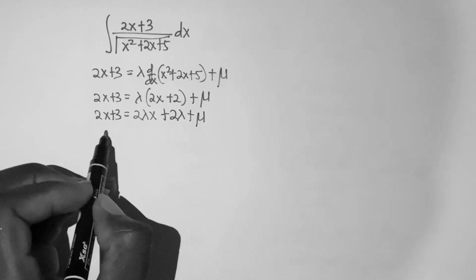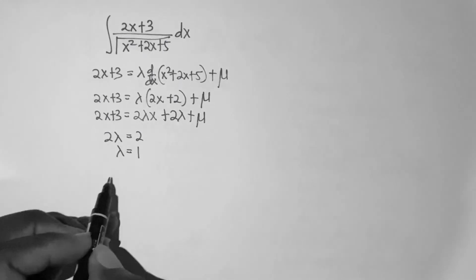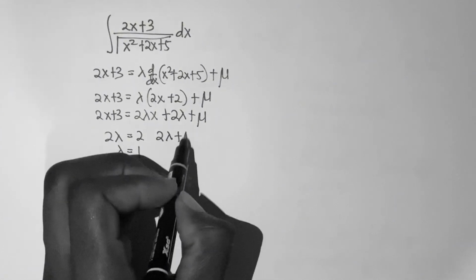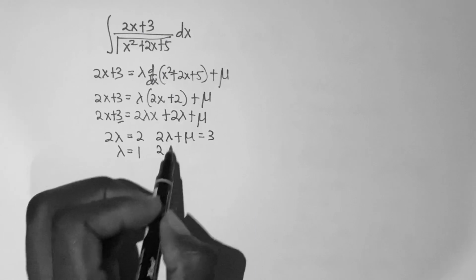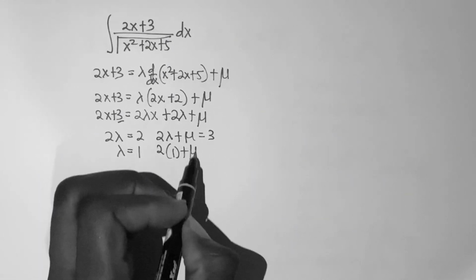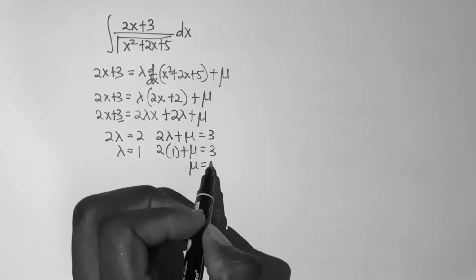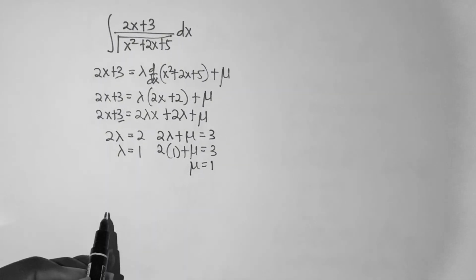So this means that 2 lambda is equal to 2, so lambda is equal to 1, and 2 lambda plus mu is equal to 3. So 2 times 1 plus mu is equal to 3, and therefore mu is equal to 1. So lambda is equal to 1 and mu is equal to 1.